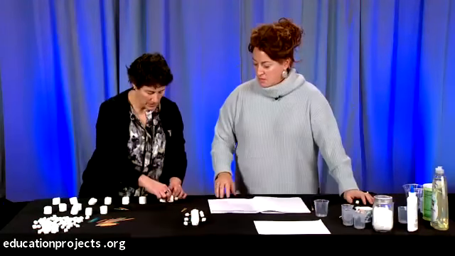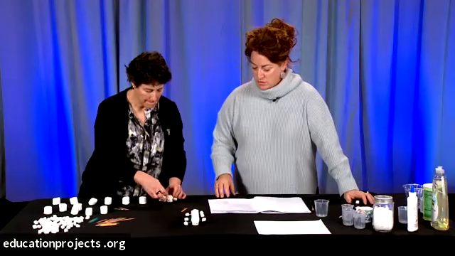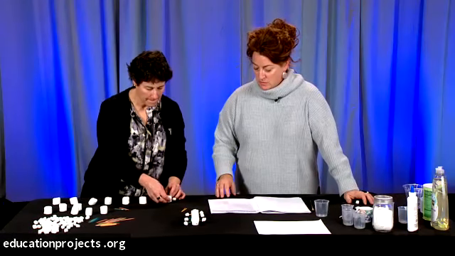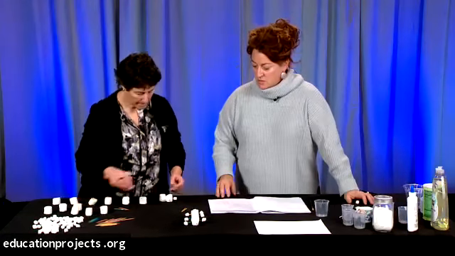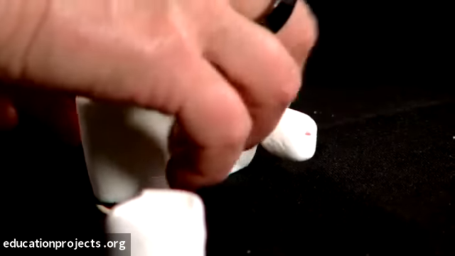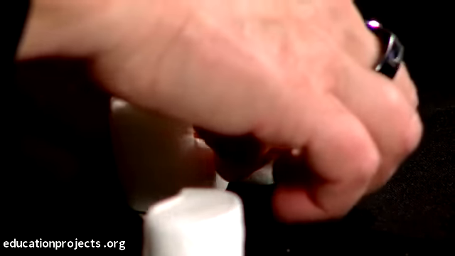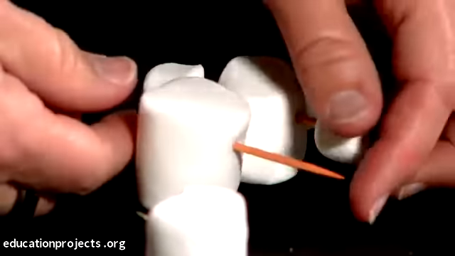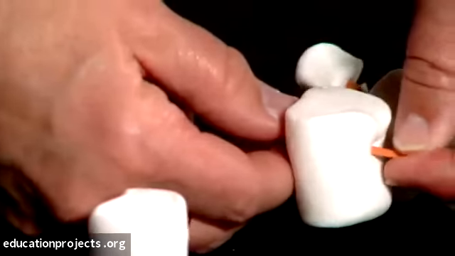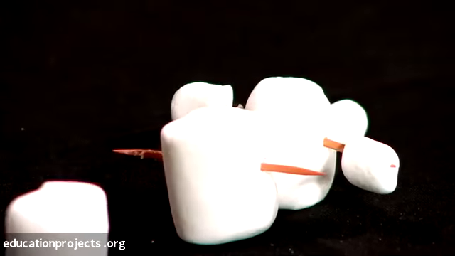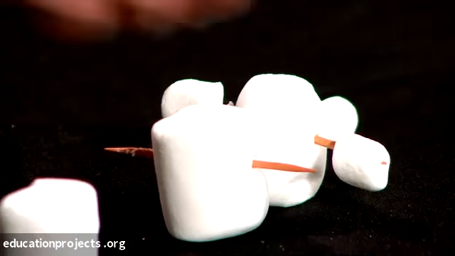But it's also a good way for students to project and build models. And so they can also see how a large hydrocarbon can then be broken down into smaller hydrocarbons too. So this is just a really great lesson to showcase how you can have one big chain that can be broken up.